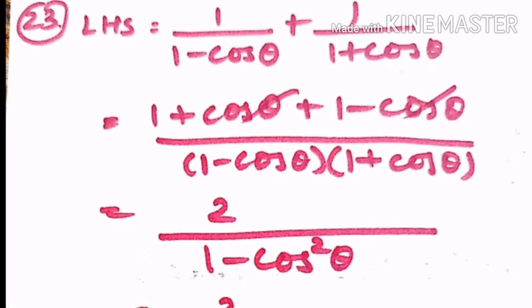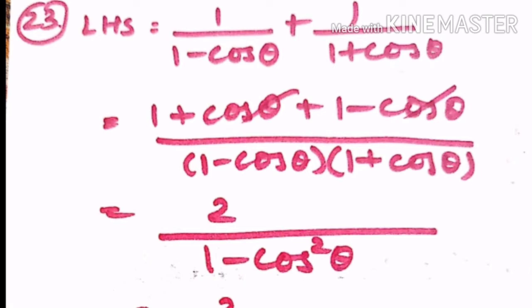First of all we take the LCM. So for the LCM, 1 plus cos theta we will multiply in the numerator with 1, that is 1 plus cos theta only, and 1 minus cos theta will multiply with that 1, it will be 1 minus cos theta. Denominator 1 plus cos theta into 1 minus cos theta, means both the brackets in multiplication.